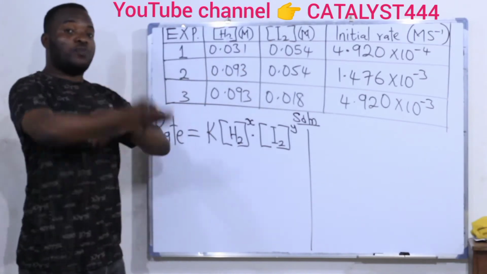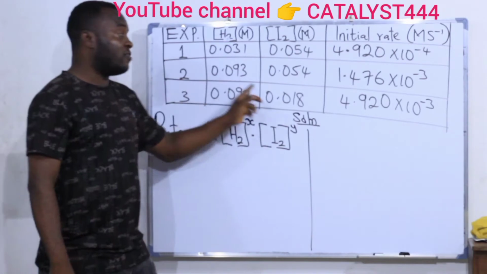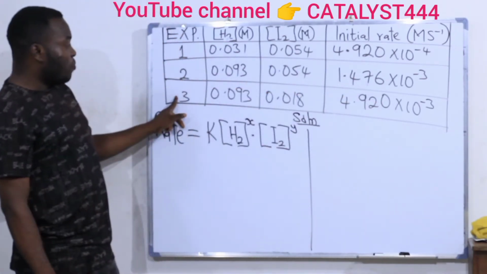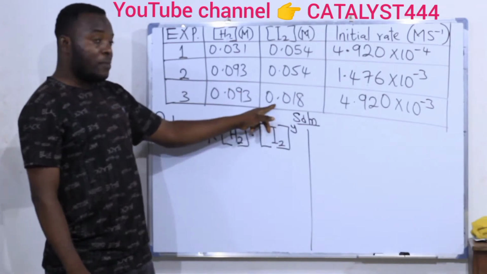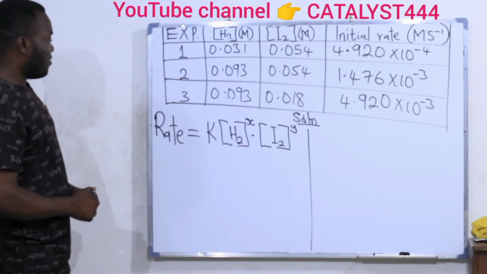After that, the experiment was repeated, which is experiment 2, and this was the observed initial rate. The third experiment was carried out, and we got this rate. Now with this, we can find the values of x and y.